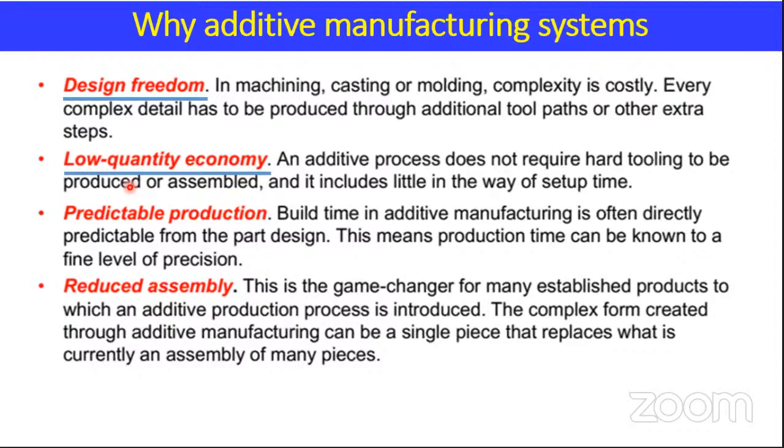If we have to go, obviously we have to pay more cost for such a manufactured part, right? So in fact this low quantity economy can be achieved through this additive manufacturing route, right?